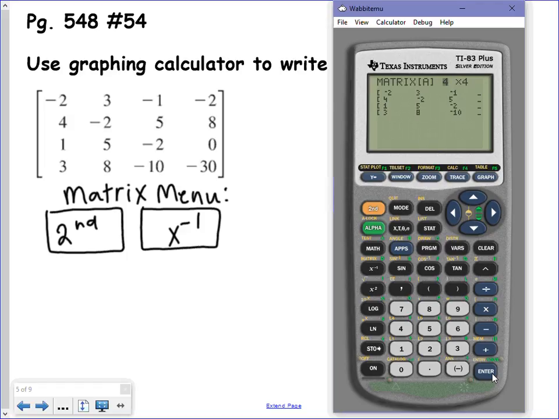Are you finding anything, Katie? Kind of. Did you click on that? What does that mean? Do you have a matrix?